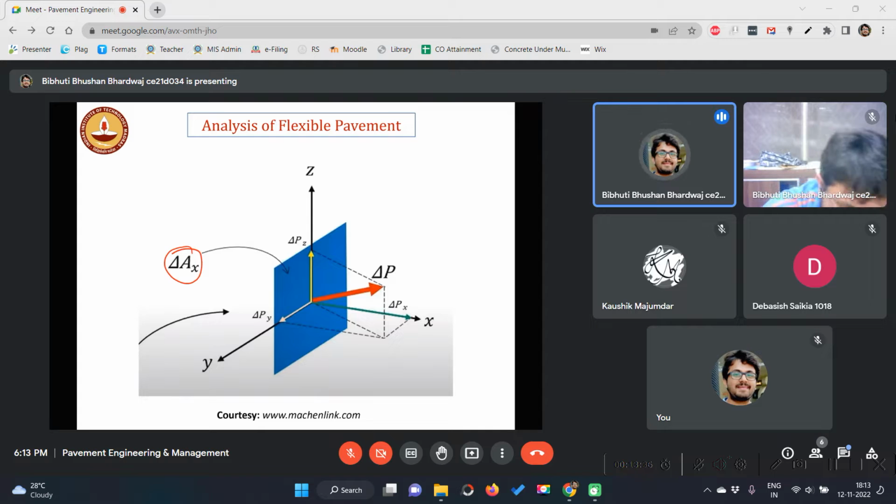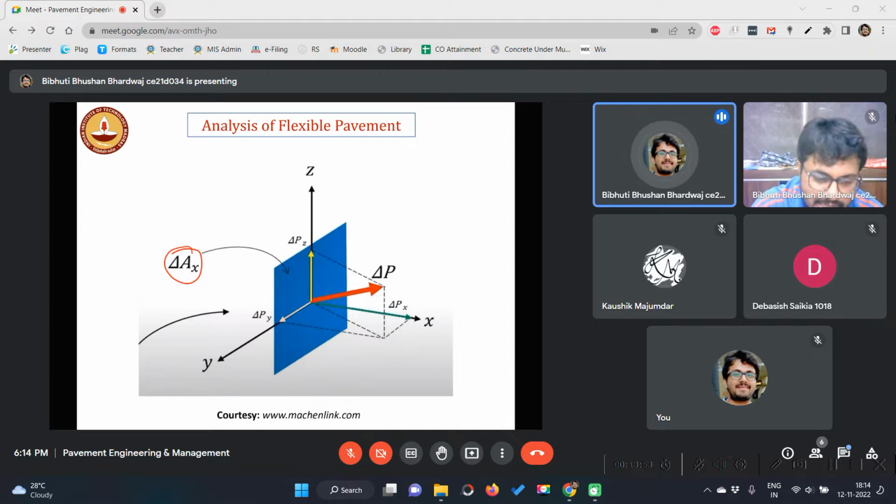Now this force, suppose delta P, will also have some misalignment. It will not be perfectly aligned with the X, Y or Z direction.